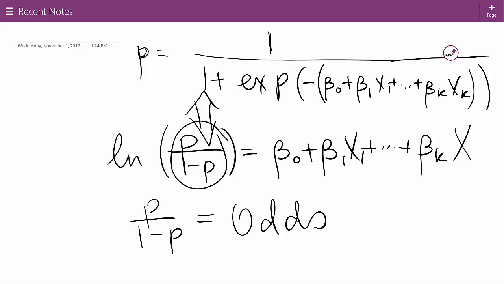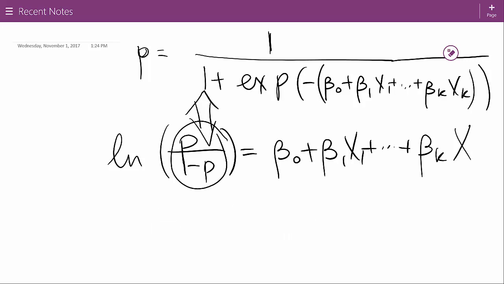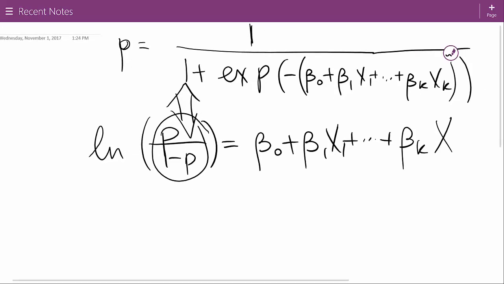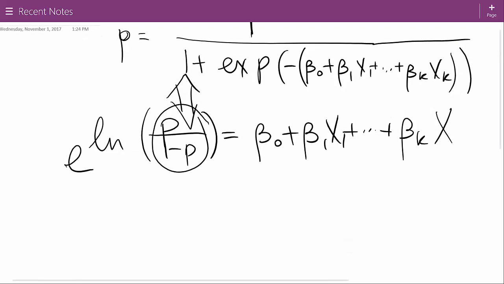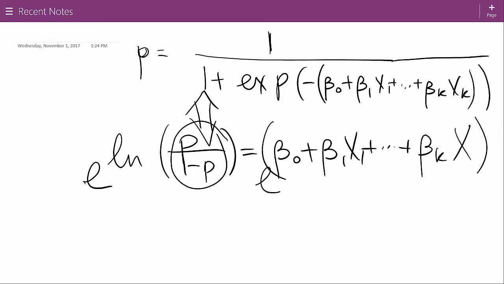Okay? Cool. So now let's do this. I'm going to erase that. And after that, let's raise e to the power of the left-hand side and also to the power of the right-hand side. Because my right-hand side and left-hand side are the same, I'm going to get the same thing, right? So therefore, on the left, I'm going to have p divided by 1 minus p, or, just as Michael pointed out, odds of certain event.